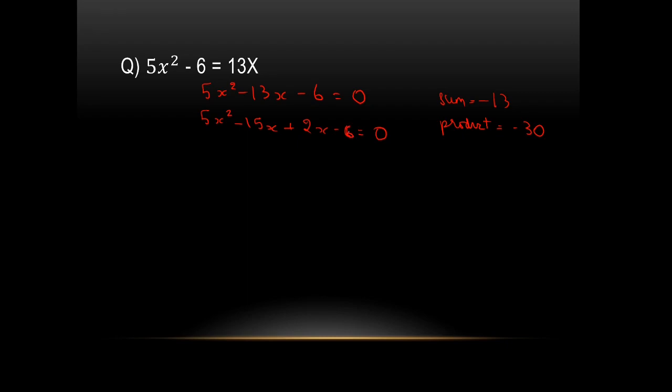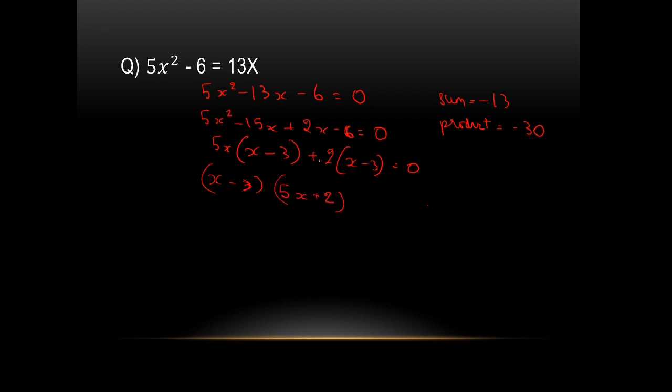Now we take common factors in the first two terms. We can take 5x common and keep x minus 3. Then we take 2 common and keep x minus 3, equal to 0. Now x minus 3 is common, so we can take x minus 3 and 5x plus 2.